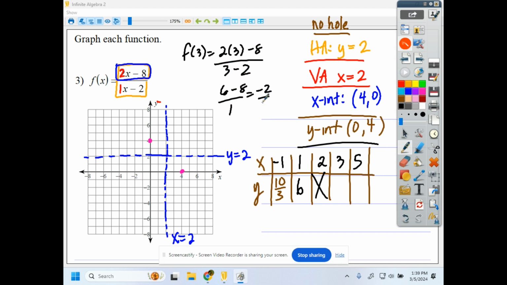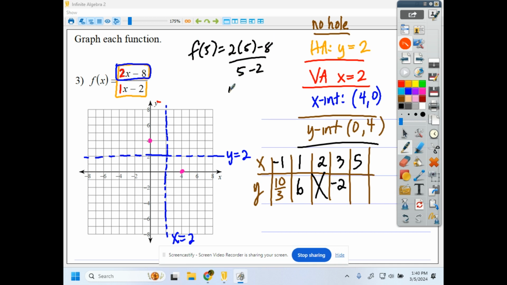This is negative 2 over 1. This will be negative 2. And the last one, f of 5, 2 times 5 minus 8 over 5 minus 2, 10 minus 8 over 3, which is 2 over 3. This is 2 thirds.